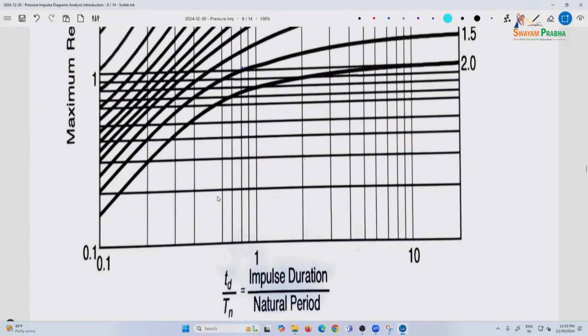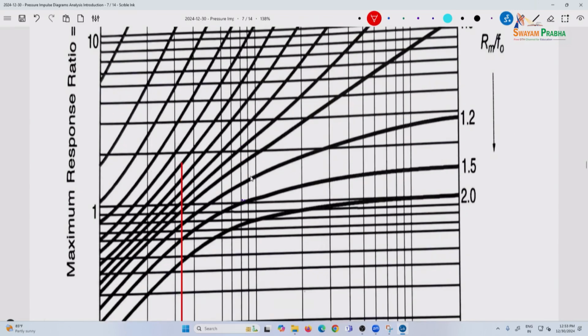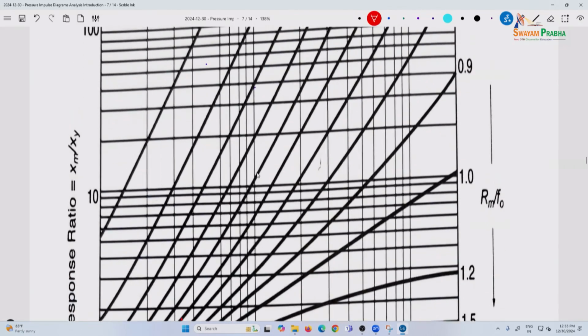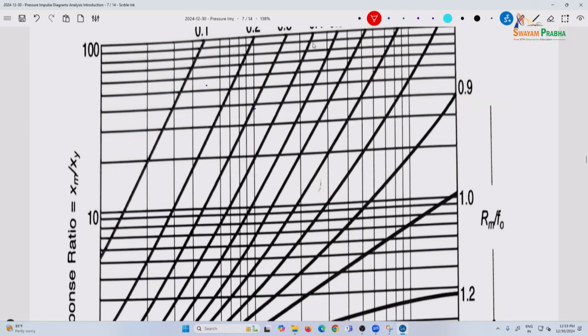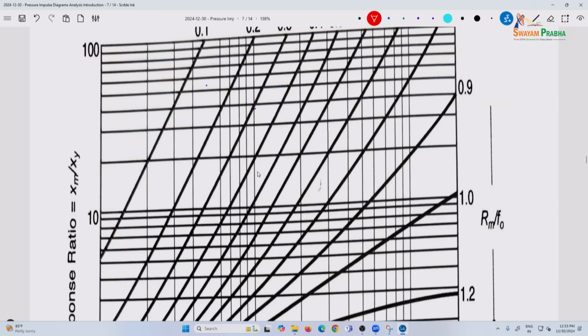So if we come here, what was our Td by Tn? So 0.2, 0.3, 0.3. So roughly 0.33, and Rm by F naught is how much? 0.5. So 0.5 is 345. So this curve.